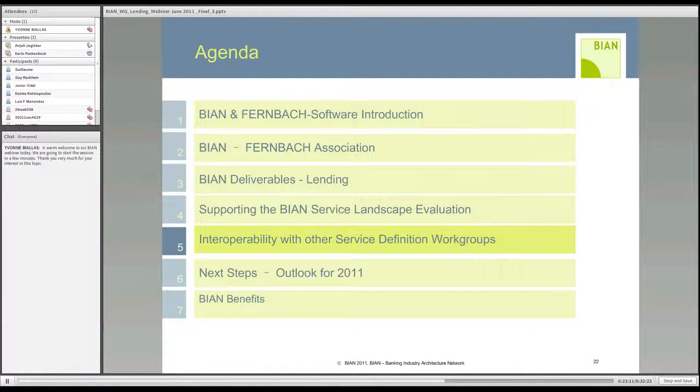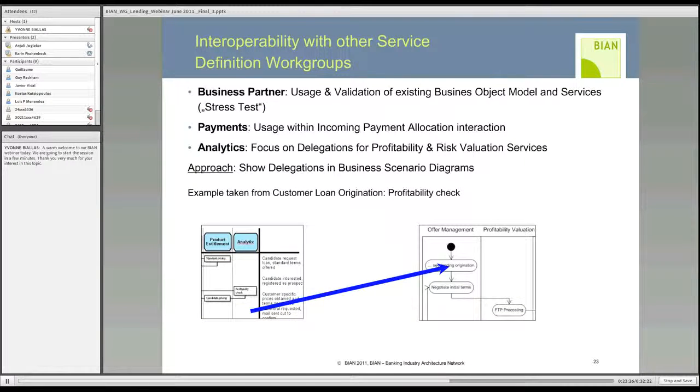For example, in offer management, while creating an offer, you also need to talk to the service domain business partner and create a business partner. For payments or allocating incoming payments, you need to talk to service definition payments. And for profitability check, you need to talk to, again, the service domain analytics. So these are the various service domains that the lending service domains would talk to in the process of completing these loan services. This is one example, a sample example for that.